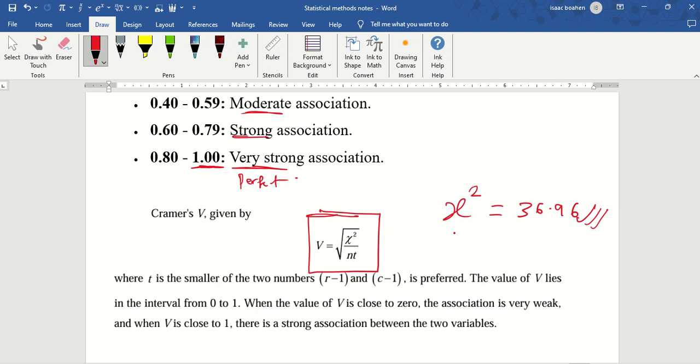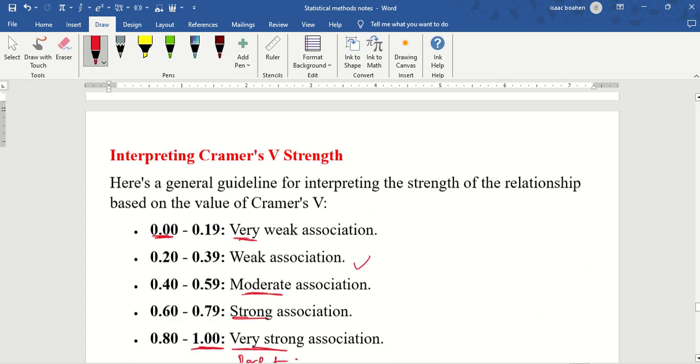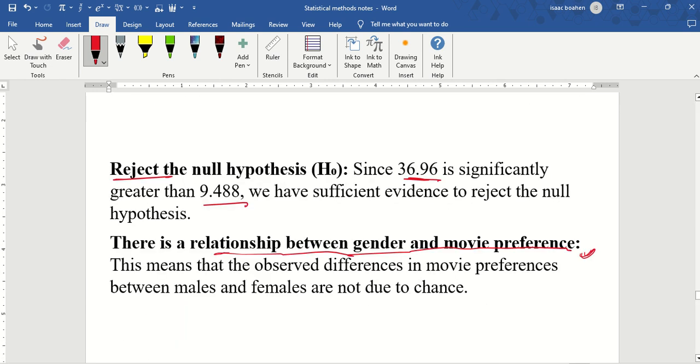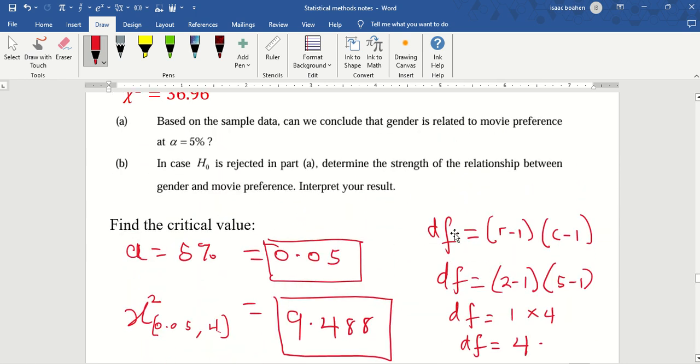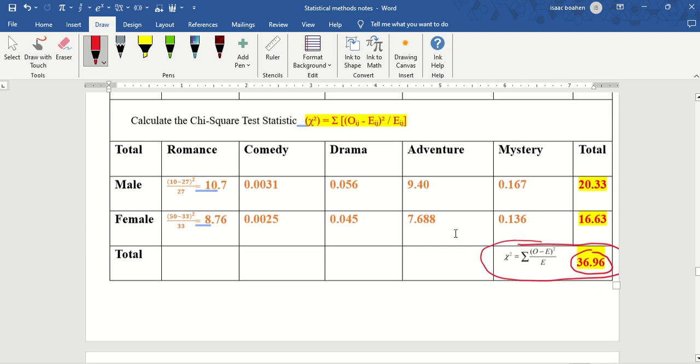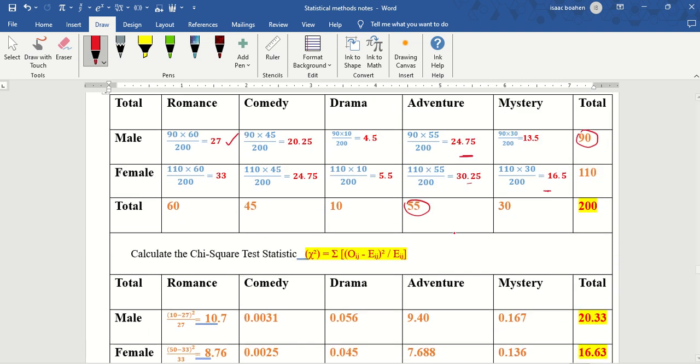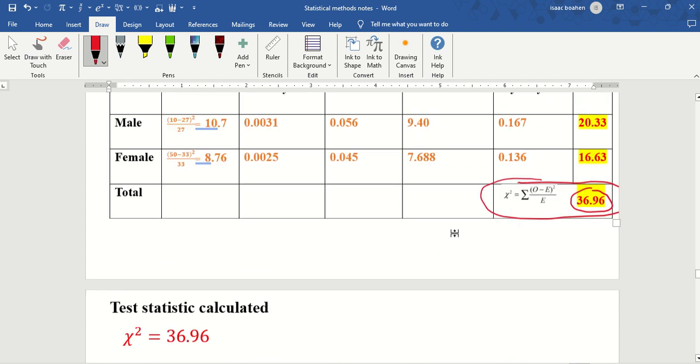Then the n. The n is the grand total. What was the grand total? It was 200. The grand total for the distribution was 200. It is found here in the table. Yes, this is the grand total, 200.